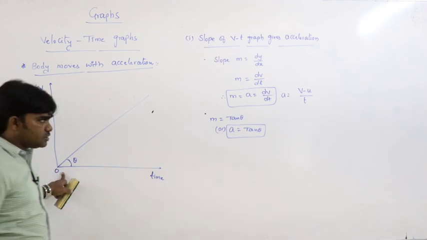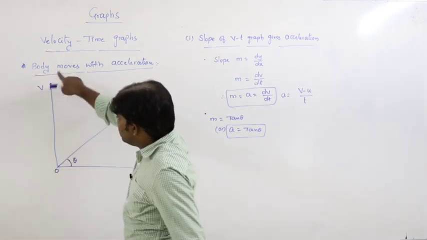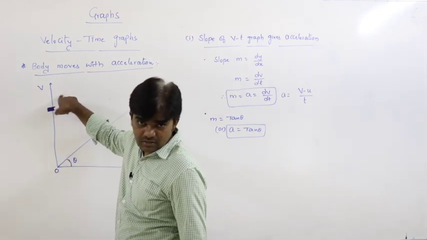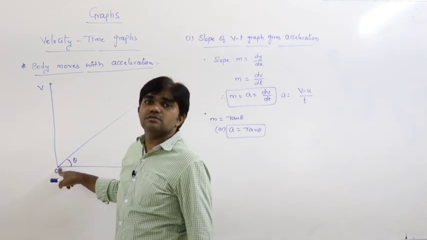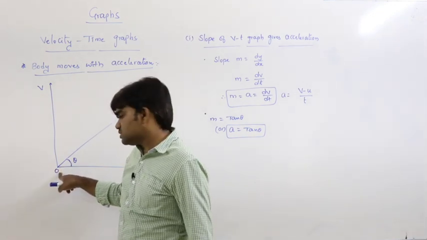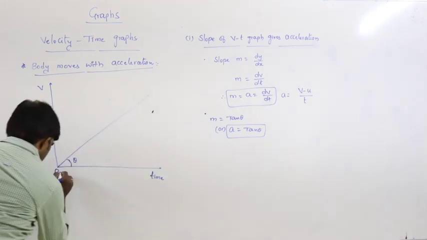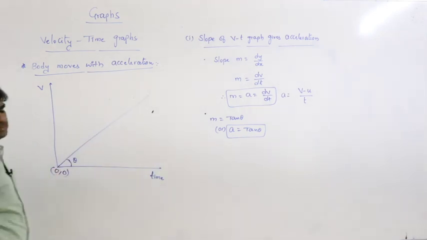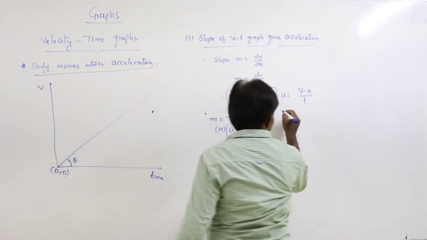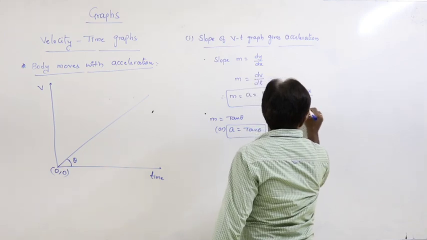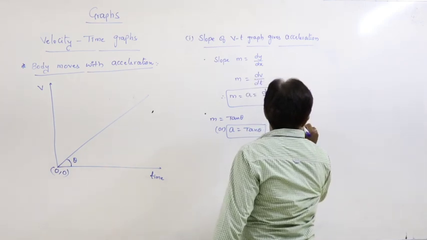What is the y component here? Velocity. What is the starting point of the y component? 0. First possibility is 0 comma 0. So what is initial velocity? 0. If initial velocity is 0, A can be written as v minus 0 by t, therefore v by t.